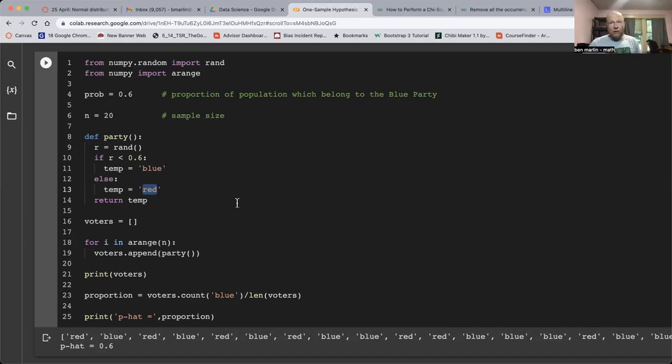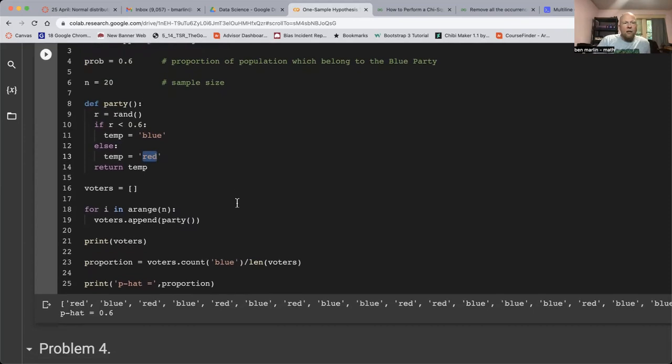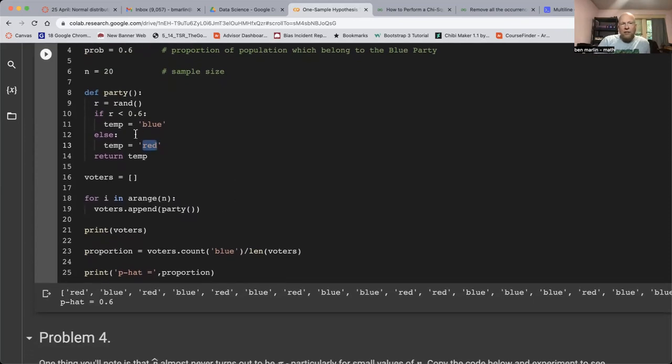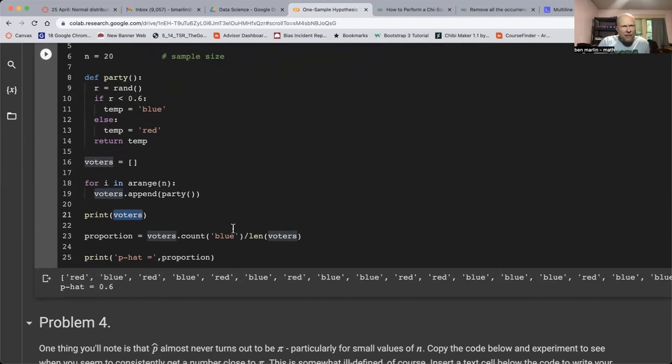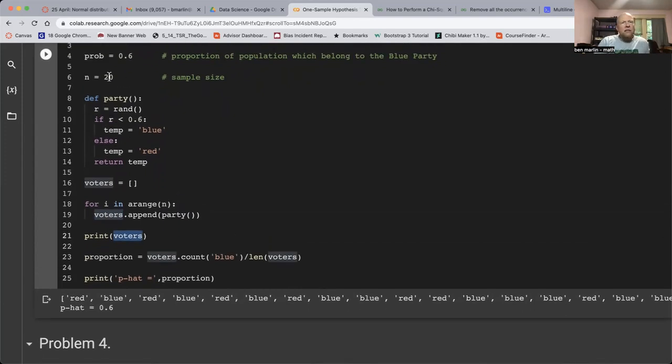You can just go change all the colors if you want to. I don't care. In this particular thing here, we're just going to have it make up a sample of a bunch of voters whose parties are red or blue. Then I asked it to print them out. How many did I tell it to do? We said n equals 20 for our sample size. So we're just doing 20, but you could totally do this with a huge number.